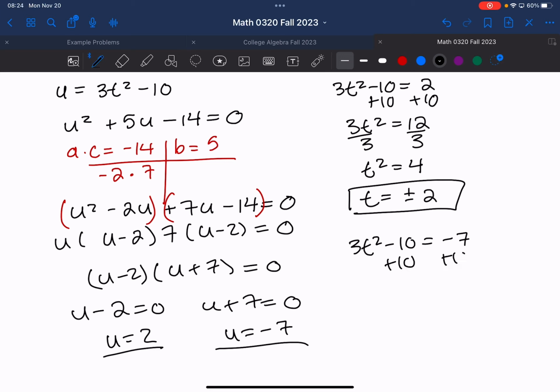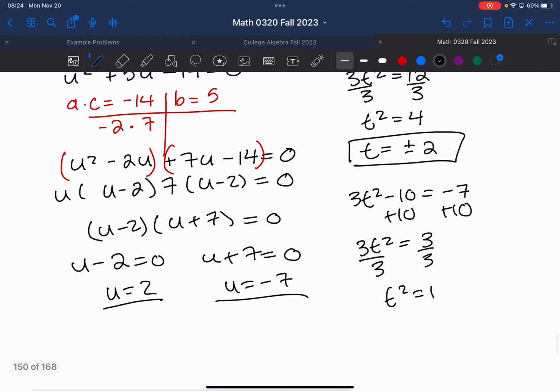Add 10 to both sides, and I get 3t squared equals 3. Divide both sides by 3, and I get t squared equals 1. Which means when I take the square root of both sides, I'm going to have two answers, and those answers are going to be what? t equals plus or minus 1.